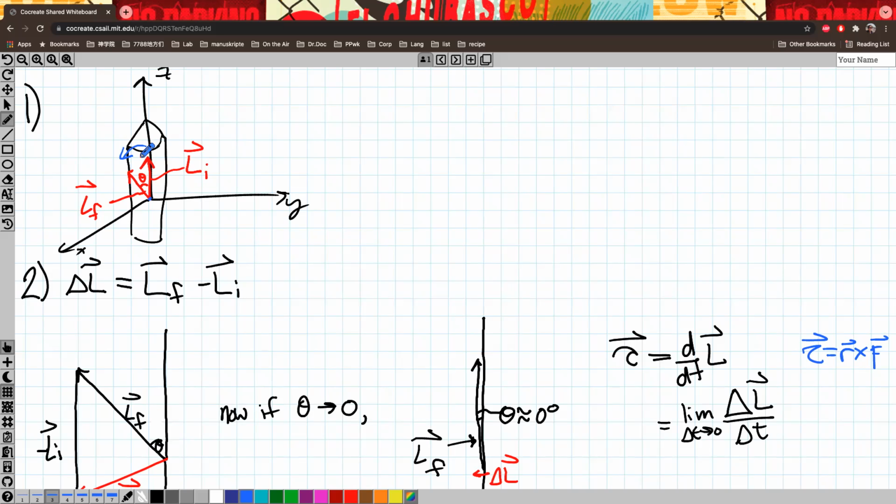You would get R cross F. So if the force was going into the screen, then your R cross F would have your thumb pointing in the negative Y direction, which is basically what we drew for the torque vector.